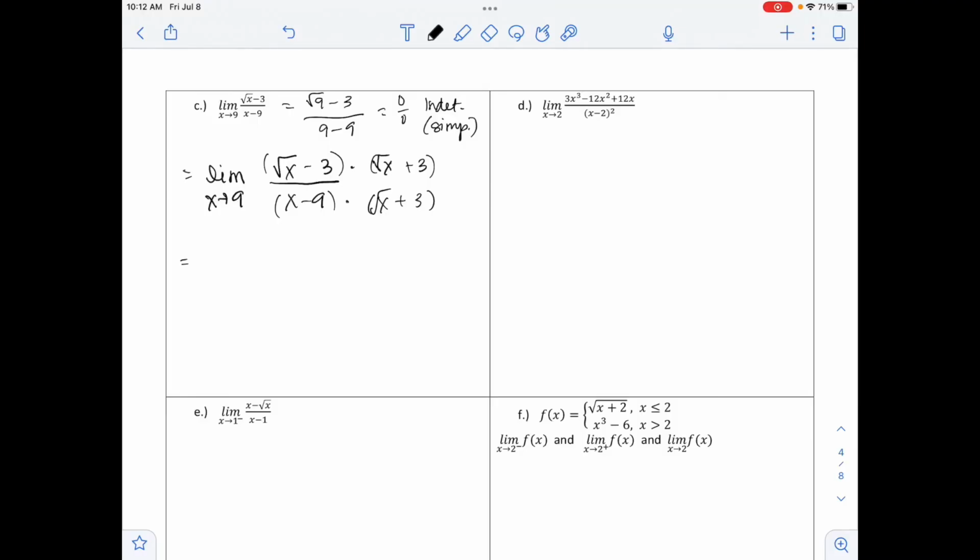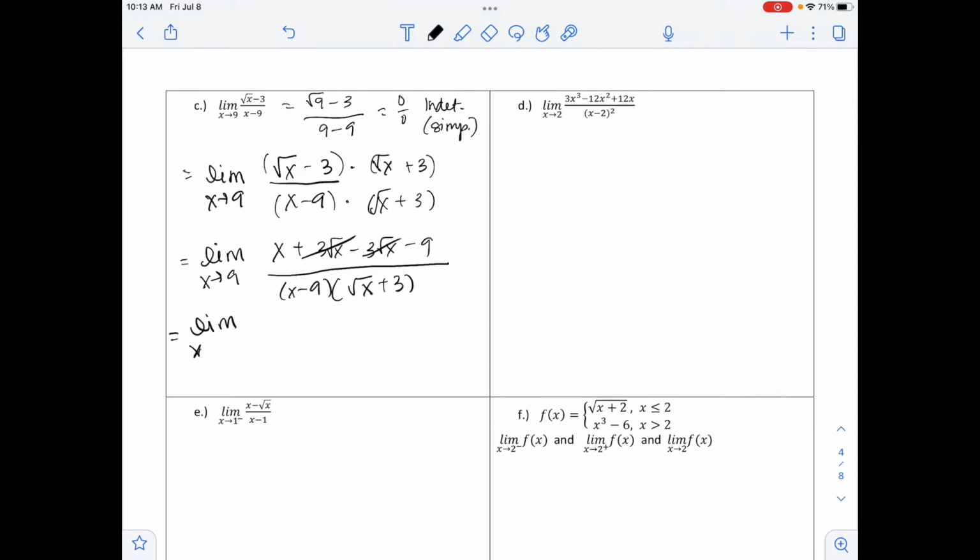And so multiplying the numerator, we're going to have the square root of x times the square root of x, which is just x. We get plus 3 square root of x minus 3 square root of x, and then minus 9 over, and I'm just going to leave this as x minus 9 times rad x plus 3. And if you notice, your square root of x's times 3 would sum to 0. And if you notice up above, we are left over with x minus 9.